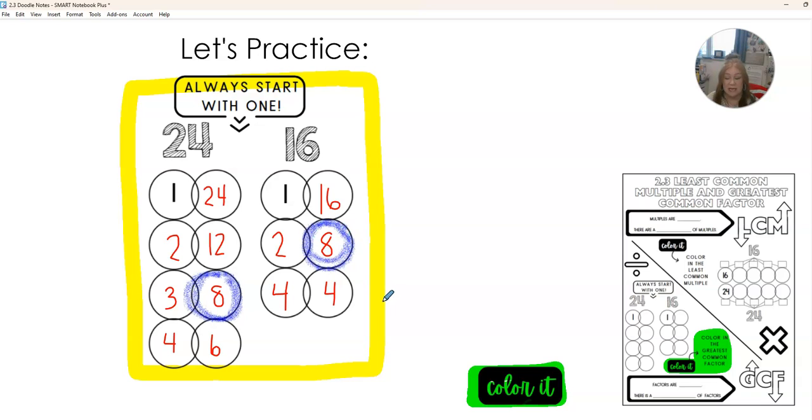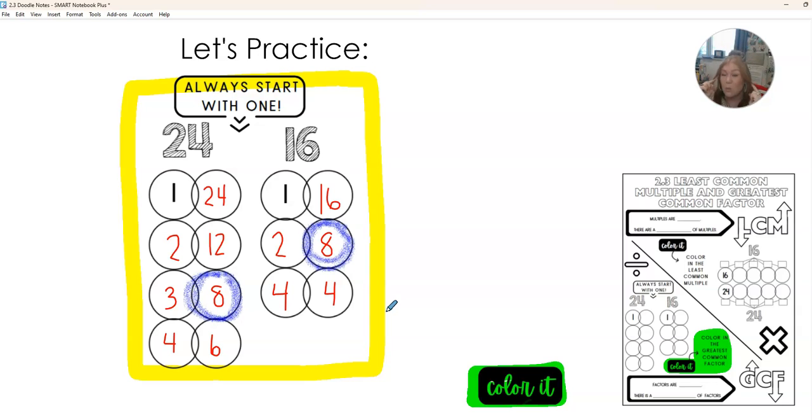The biggest thing we have to remember is multiples are more. We multiply and then find the littlest one. And factors are fewer. We divide and then find the biggest one. So it's opposite. Lots of us hear that first word least and we start dividing, or we hear the word greatest and we start multiplying.